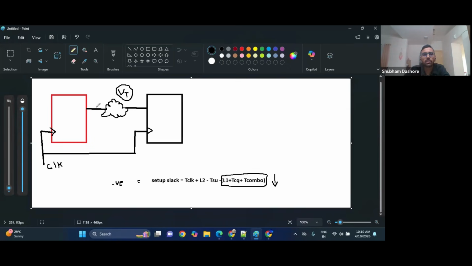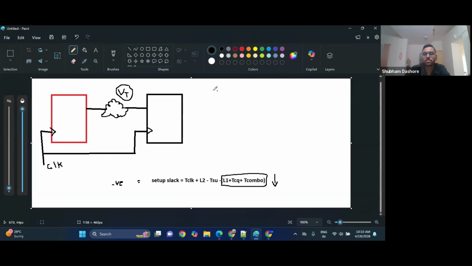The first step I will take is to ensure the combinational logic is minimal. I will try in my RTL that the combinational logic output uses a minimum amount of logic and a minimum number of gates.